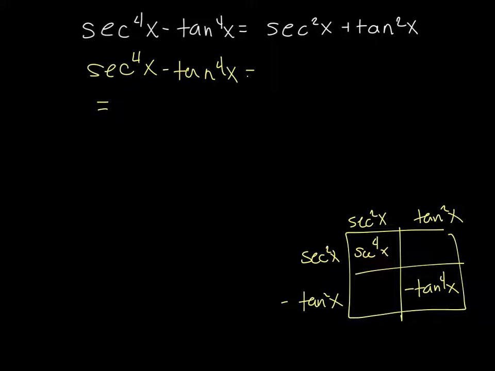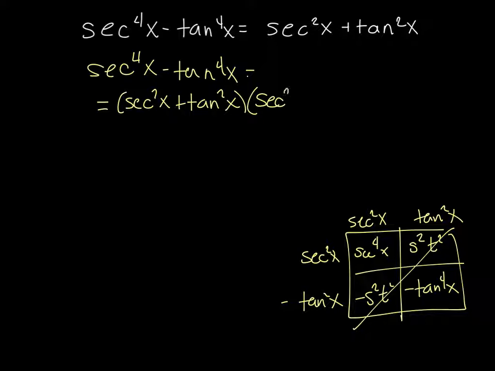So then what happens is I get secant squared tangent squared minus secant squared tangent squared, and those two are going to cancel out. Okay, and so that's how we get that. So then my two bubbles that I get are secant squared x plus tangent squared x times the other bubble, secant squared x minus tangent squared x.